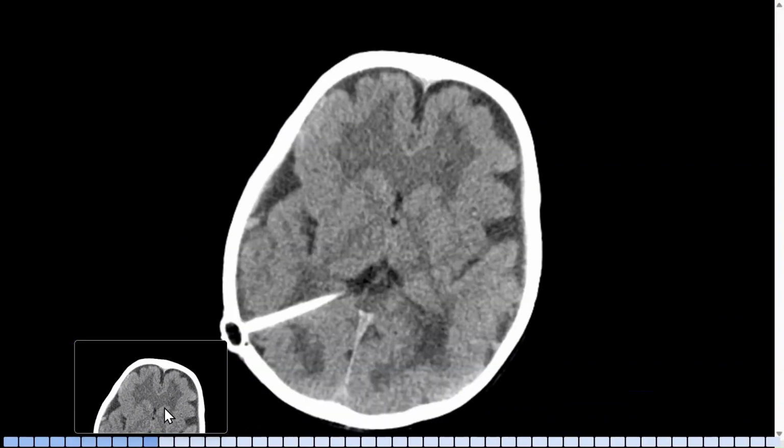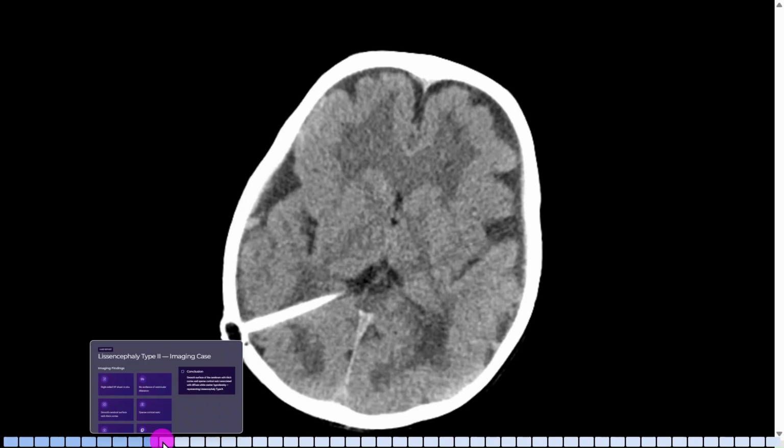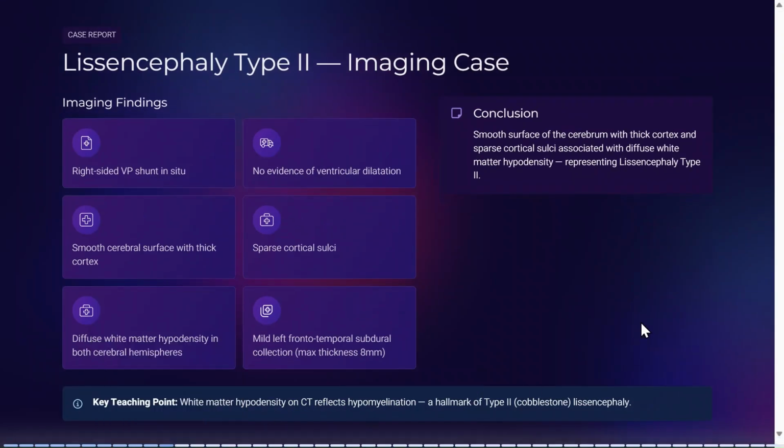Let's review this, and you can appreciate that the white matter is quite hypodense, and that indicates hypomyelination. And then we have no evidence of ventricular dilatation and sparse cortical sulci, and a mild left frontotemporal subdural collection was there, with maximum thickness up to 8 mm.